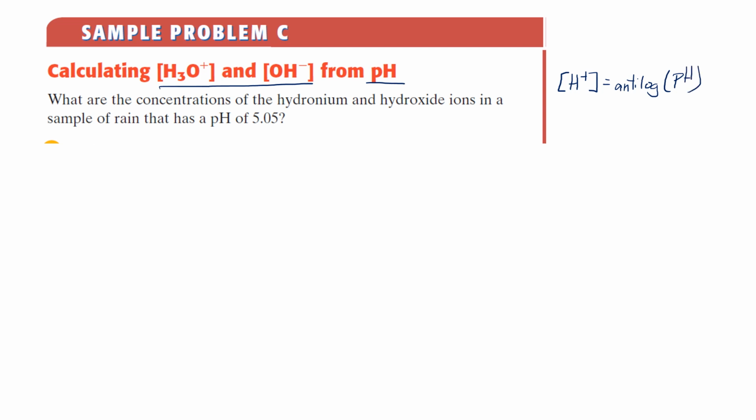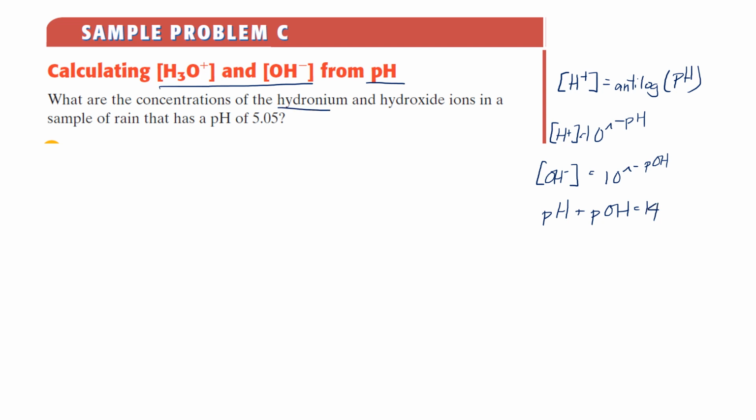What does that even look like? Well, it's basically 10 to the negative pH, right? That's going to give us the H plus concentration. So for the other equation, to find the OH minus concentration, we do 10 to the negative pOH. Seems simple enough. And I think somewhere in here, we're still going to use that equation where pH and pOH is equal to 14. So let's do some math.